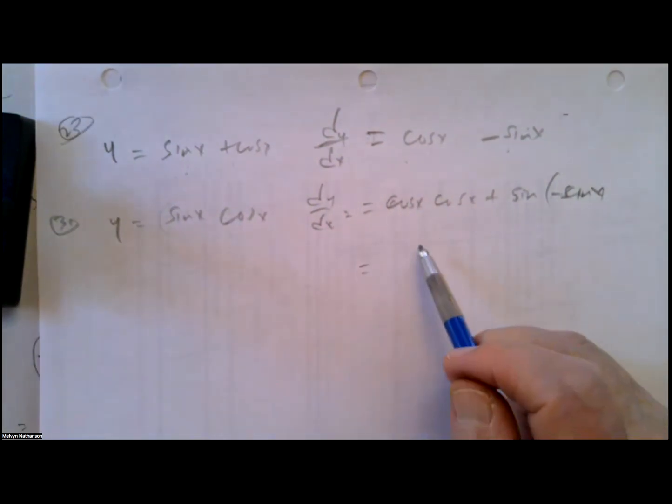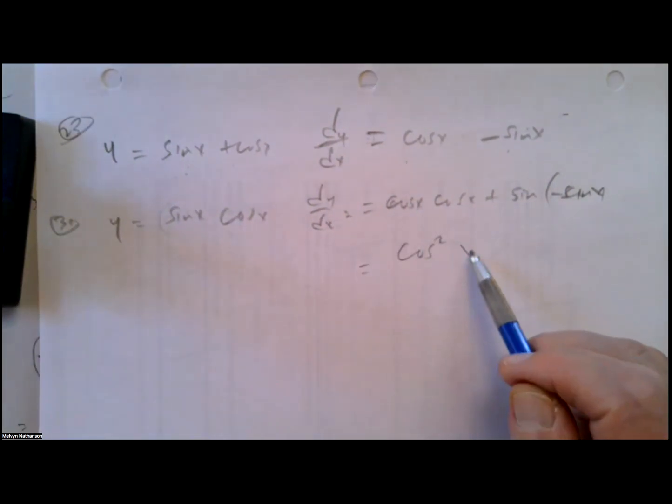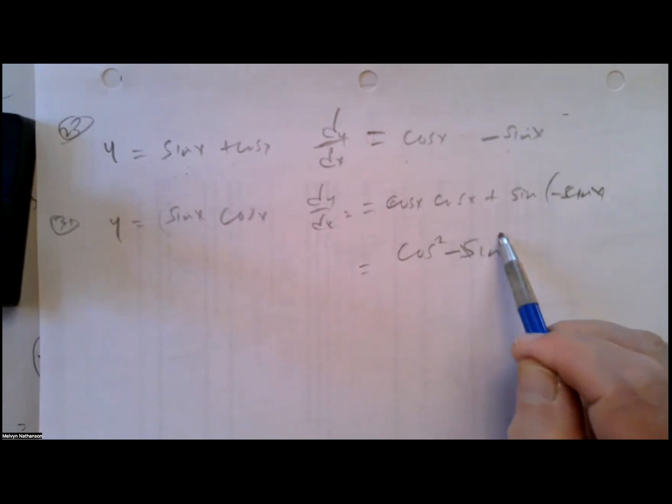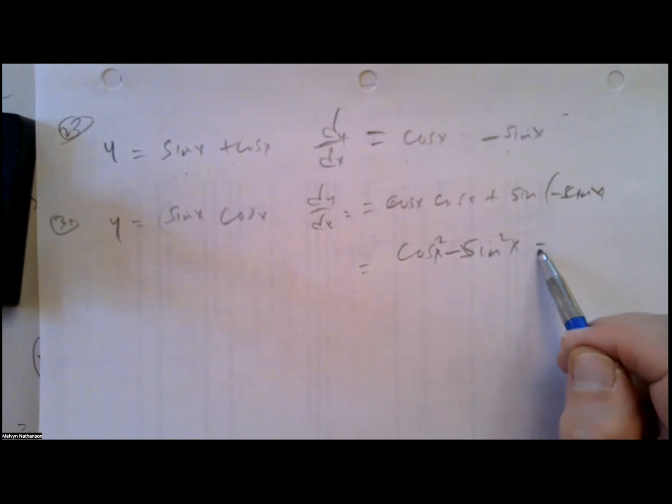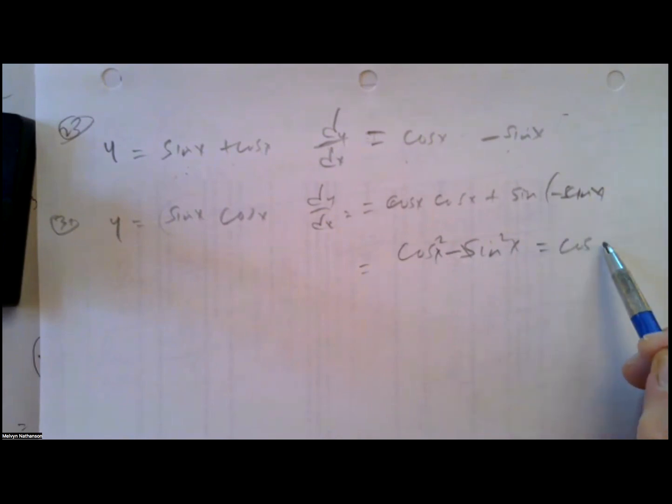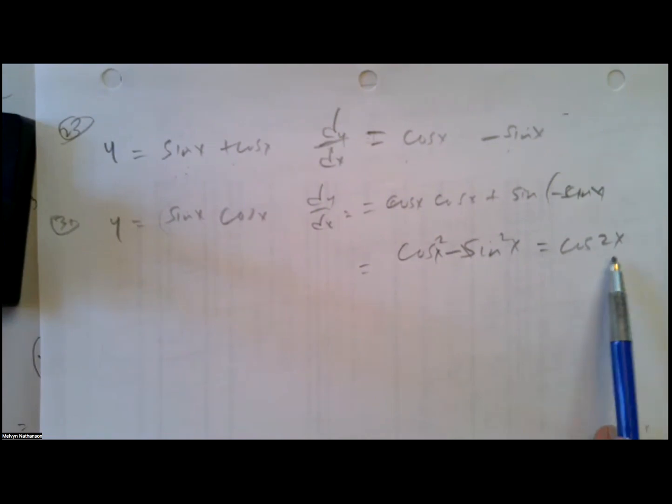So I get cosine squared x minus sine squared x, which you should recognize is the same as the cosine of 2x. This is the addition formula for the cosine.